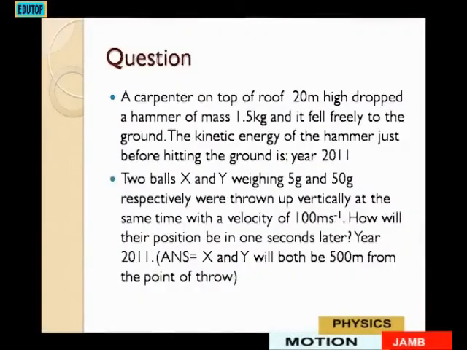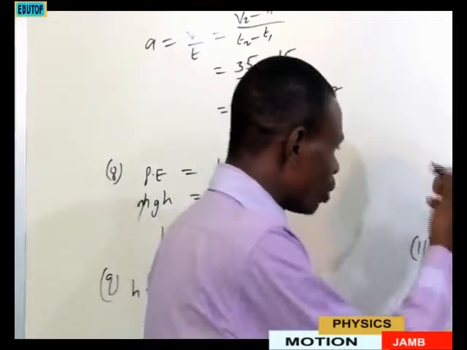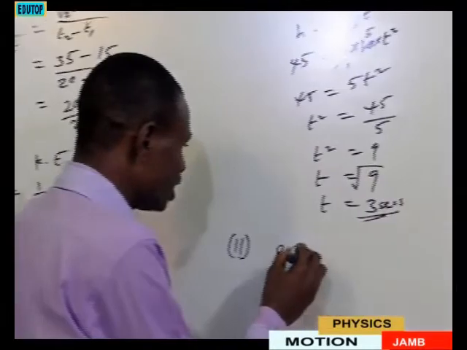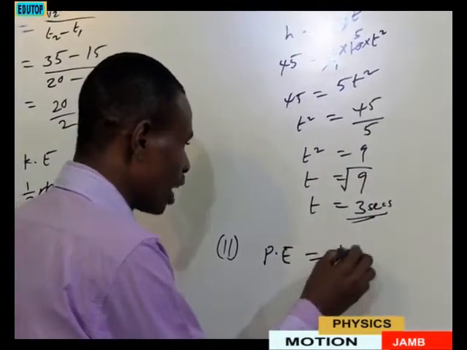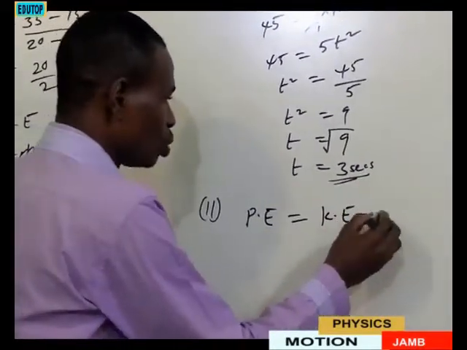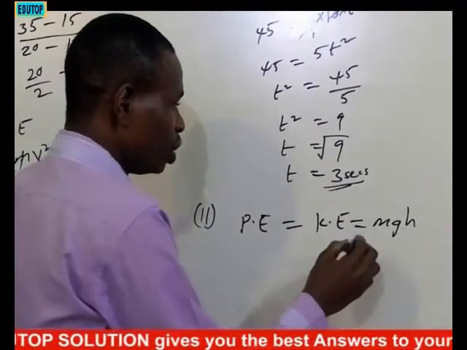Question number 11. A carpenter on top of a roof 20 meters high dropped a hammer of mass 1.5 kilogram and it fell freely to the ground. The kinetic energy of the hammer just before hitting the ground is, in this case, we are going to equate the potential energy to the kinetic energy, which is equal to mgh.